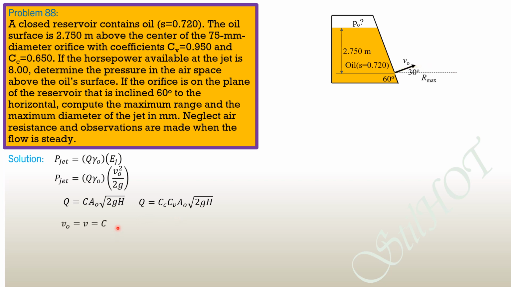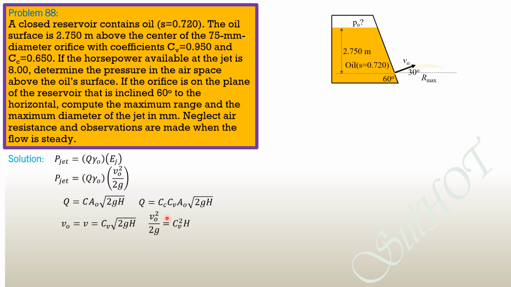Then VO equals C sub V square root of 2GH, the actual velocity of the jet at the vena contracta, squared. So VO square over 2G is equal to C sub V square H in this case.